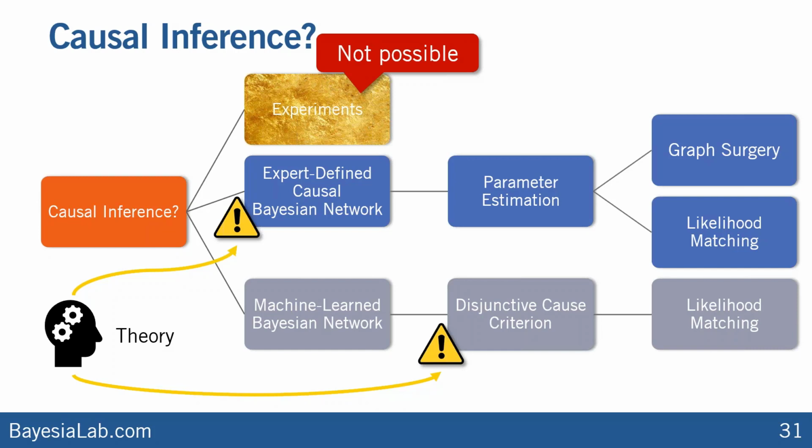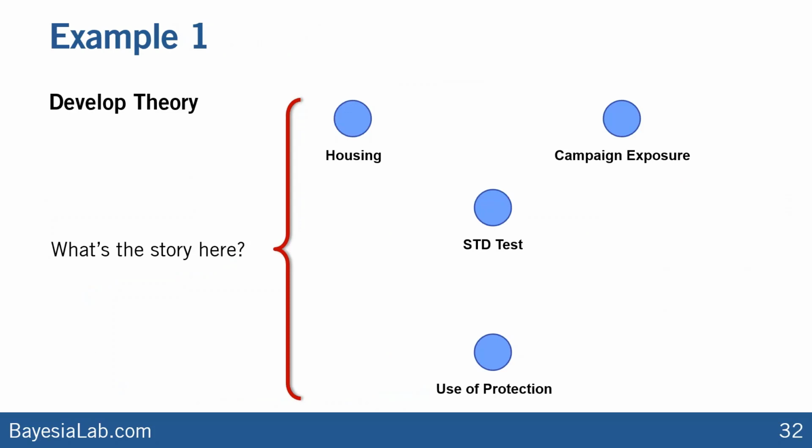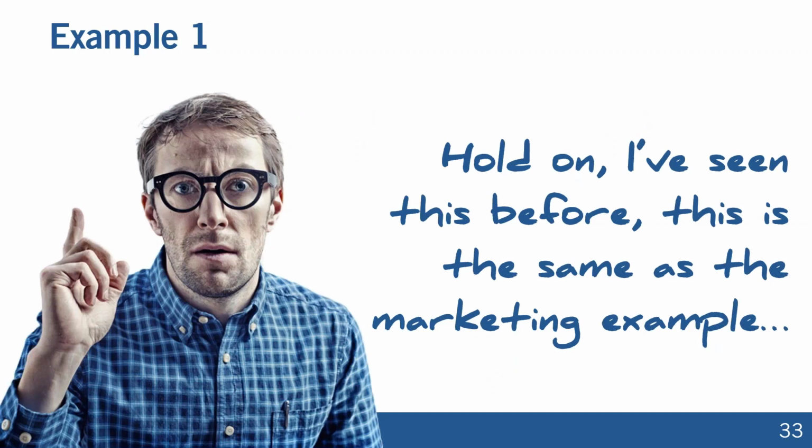But perhaps let's start with the blue path here, where we start with an expert-defined causal Bayesian network. So we will look at the variables that we have: housing, campaign exposure, STD test, and use of protection, and we need to hypothesize about what the causal relationships are here. And now you may say, hold on, I've seen this before. This looks like just the same example that we did a few weeks ago in the marketing mix webinar.